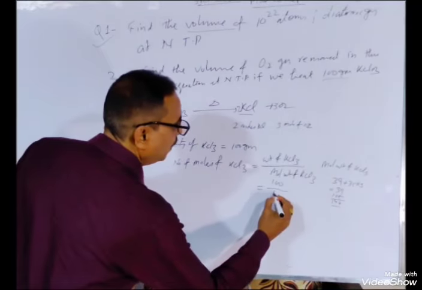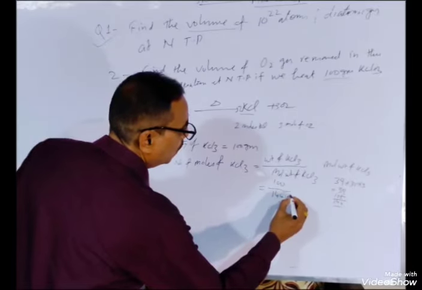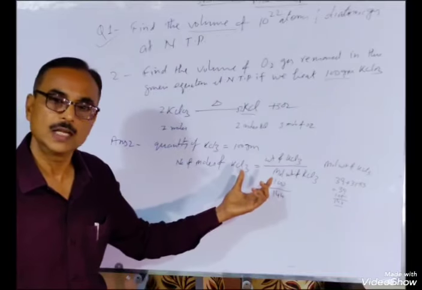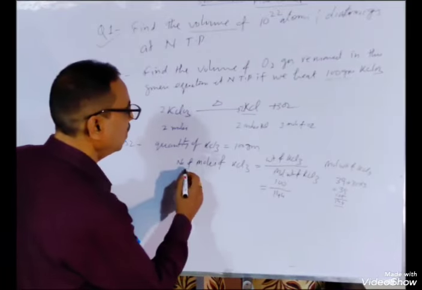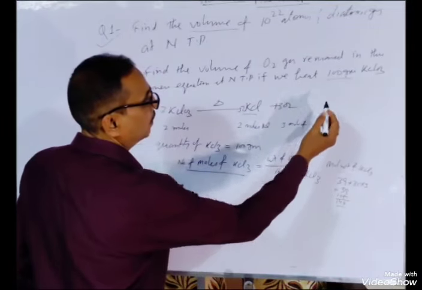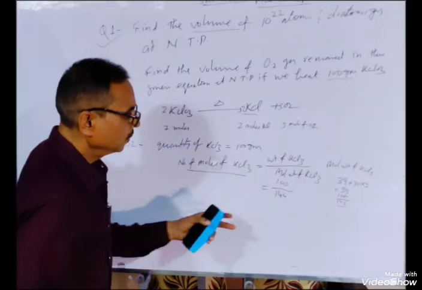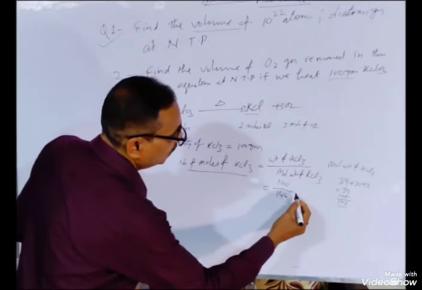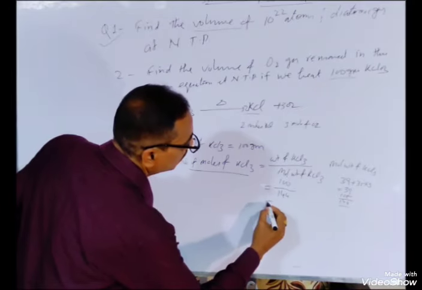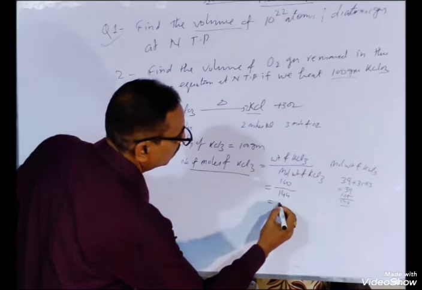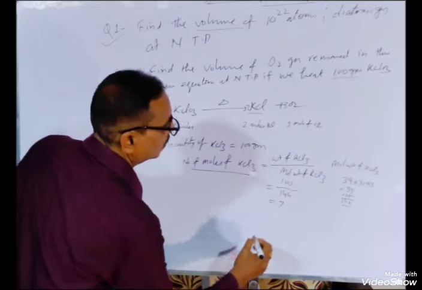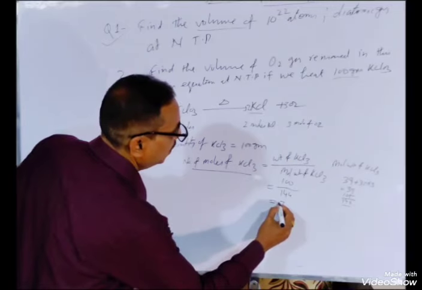So 100 by 144 is the number of moles of KClO3. To calculate the number of moles of KClO3, you divide the weight 100 by the molecular weight, so you will get approximately 0.7 moles.